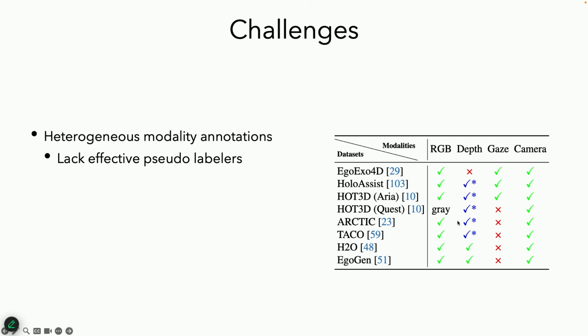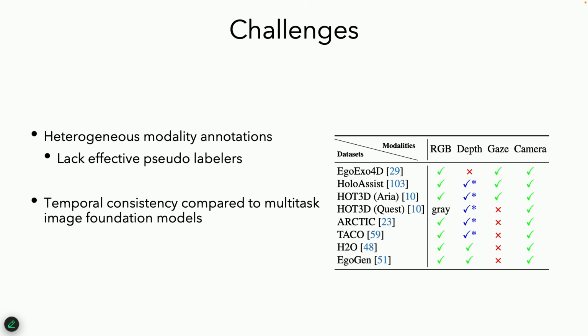Maybe for depths we could have some pseudo-labelers, but for gaze we definitely don't have good pseudo-labelers. For bodies, if you never capture the bodies, they're very hard to estimate. So we don't really have effective pseudo-labelers, and also the temporal consistency is hard to model compared to multitask image foundation models.